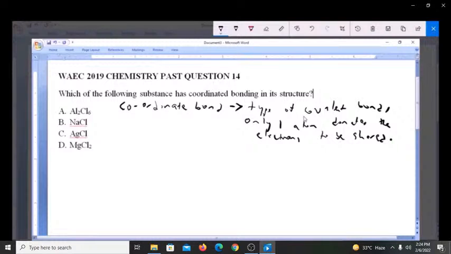of 2 atoms of aluminium and 6 atoms of chlorine. Now structurally, let me illustrate it. You have aluminium atoms, 2 in number. Aluminium has 3 electrons on its outermost shell. So let's assume this structure I've just drawn is the outermost shell of aluminium. So you have 3 electrons on it, and you have 2 of that.